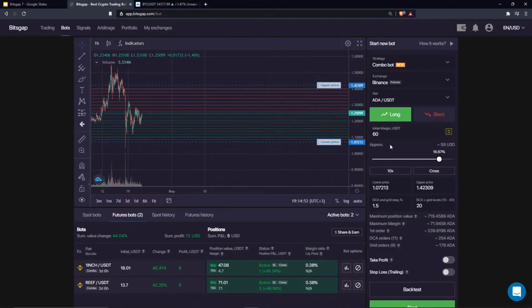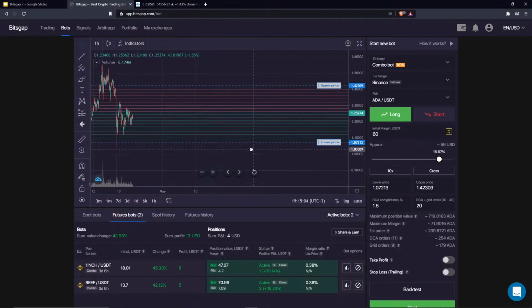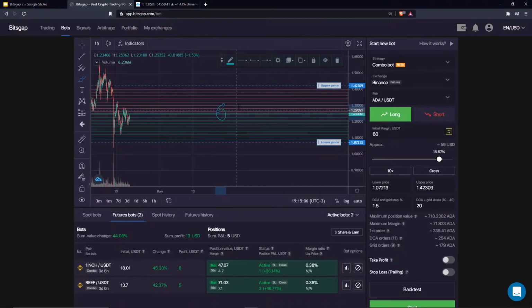Don't forget about the leverage. You see, initial margin 60, your leverage is 10x, and that means that your total exposure is around, in this case, 600 USDT. So that's the thing to remember, that we are trading futures contracts, and that means that here we have leverage, and leverage means that basically you borrow money from the market so that you could open larger positions in order to generate more returns.